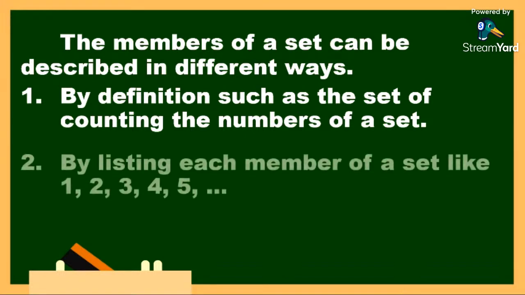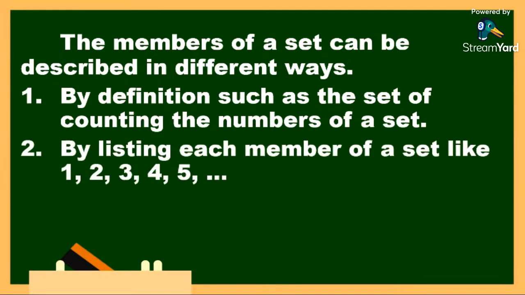Okay, number 2. By listing each member of a set like 1, 2, 3, 4, 5, and so on. Okay, dito naman ay inililista ang bawat member o bawat elements ng isang set. Pero tandaan, sa paglilista ng elements of a set, isang beses lang dapat inililista bawat elements.